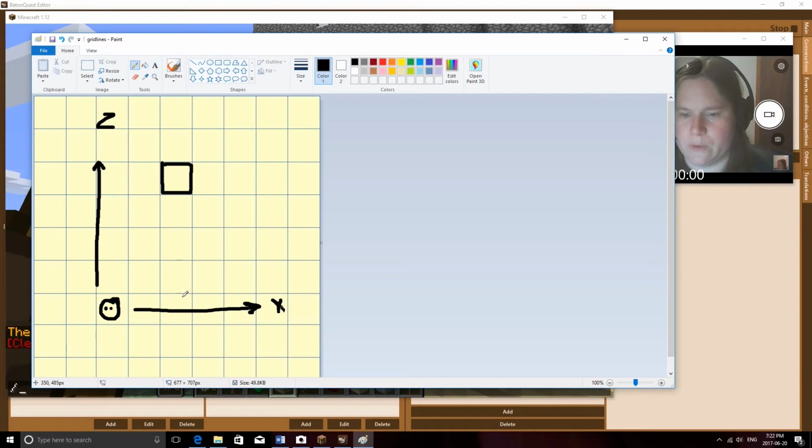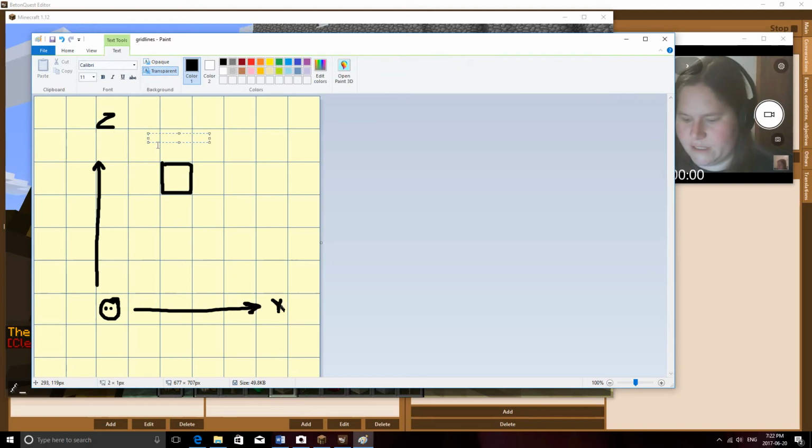It would be 2 over towards positive X and 4 up towards Z. So our command would be set block 2 0 4 stone.